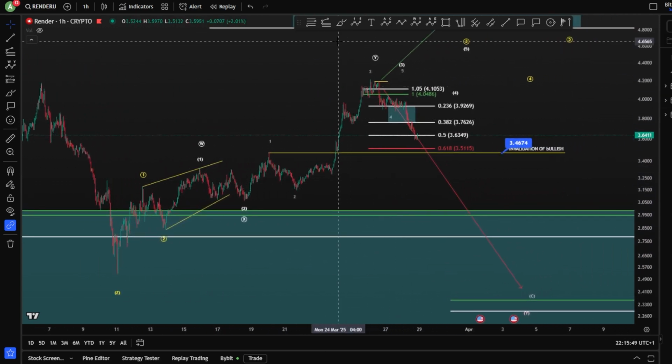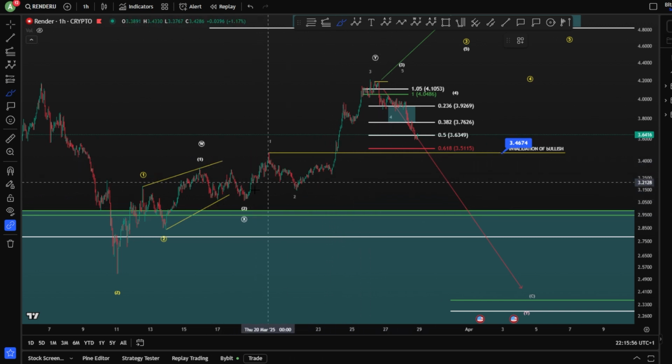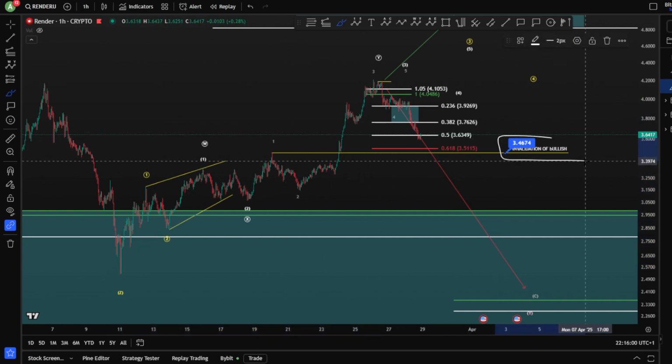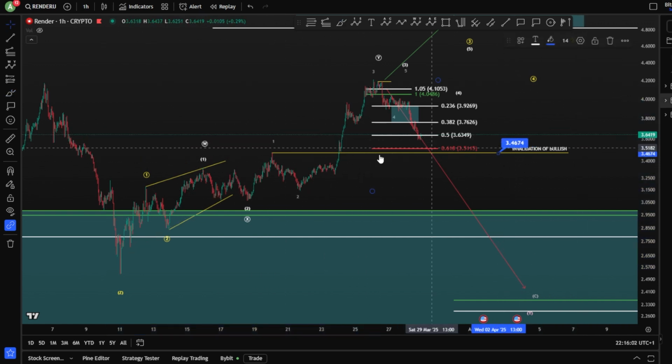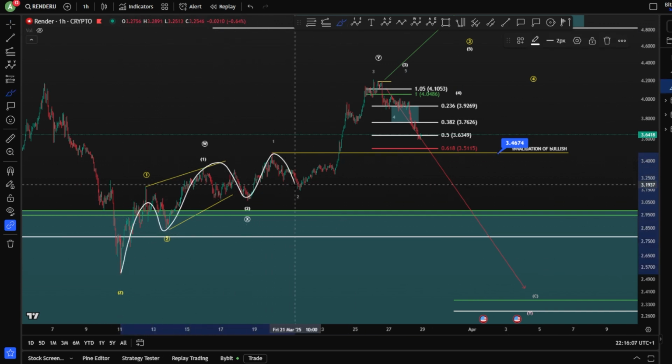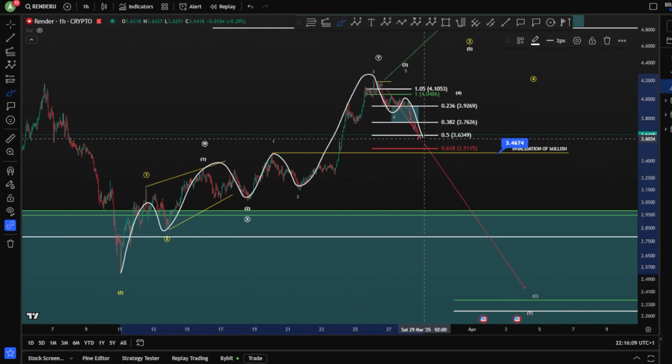Currently, all the crypto market is mostly in a bearish trend, unless Render. Render is still, of course, in a bullish scenario where you did not invalidate this bullish trend yet. And as you can see, you have 1, 2, 1, 2, and then 1, 2, 3, and then you're looking for a wave 4.